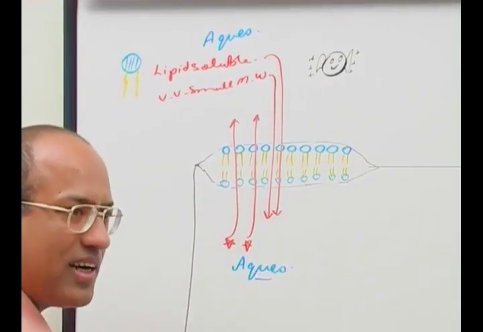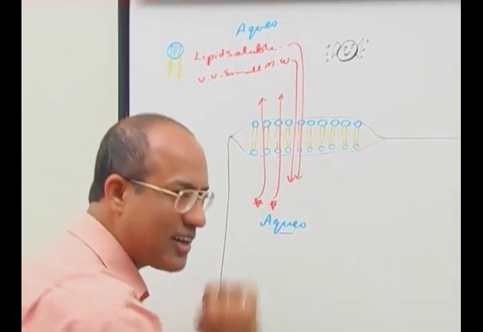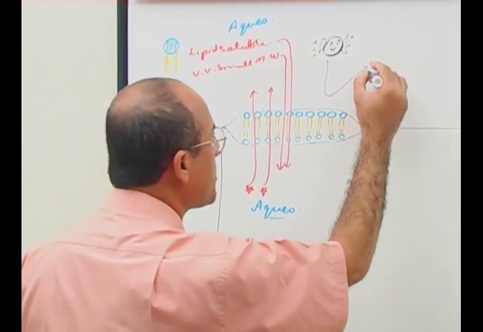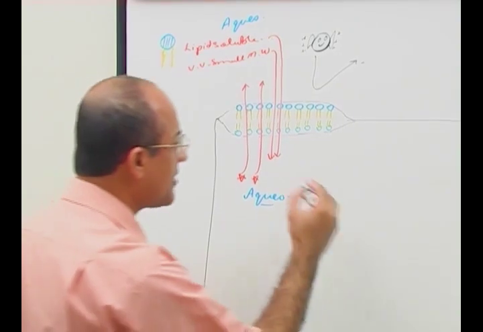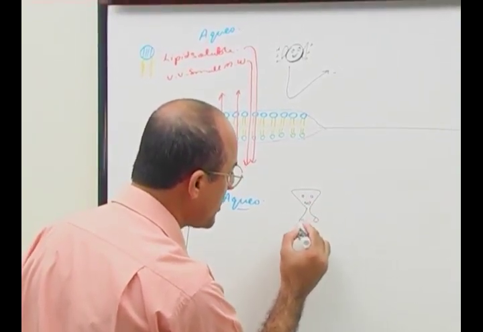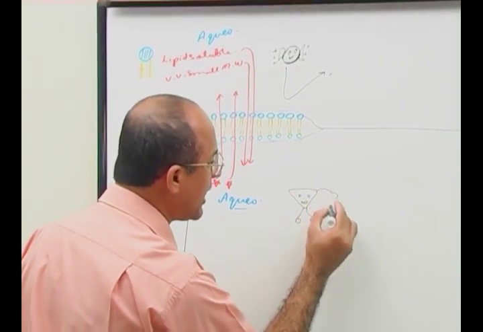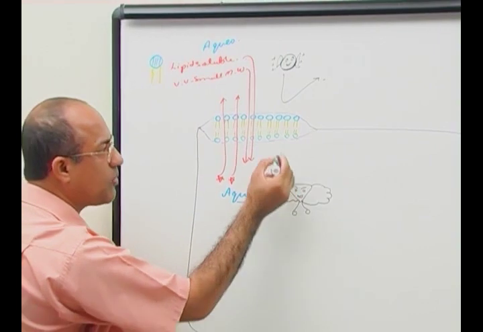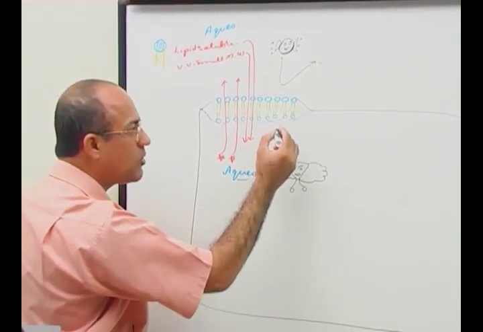Can it dissolve into lipid? So can it enter directly into the cell? No. So it will be repelled away. In the same way, let's suppose this is another compound, and this is a very, very large compound. If it's a very large compound, can it dissolve into lipid? And can it go out? No.